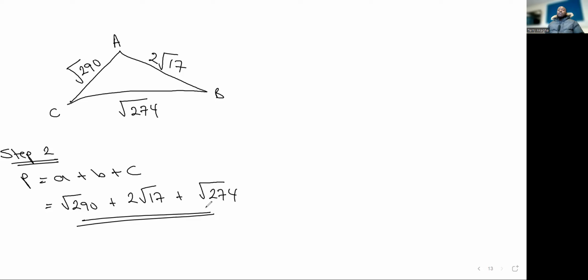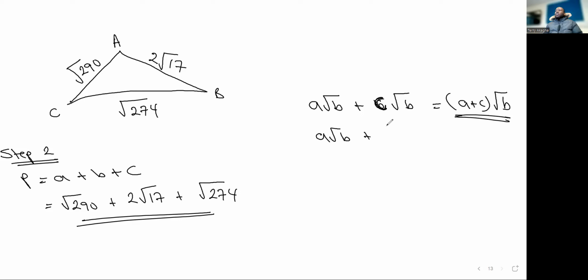All right, so please, if you've forgotten the rules of surds, remember I told you the only time you can add surds together, a root b plus c root b, is only if they have the same surd, so in this case it's going to be (a plus c) root b, okay? But if you're having a root b plus c root d, you can't add it.